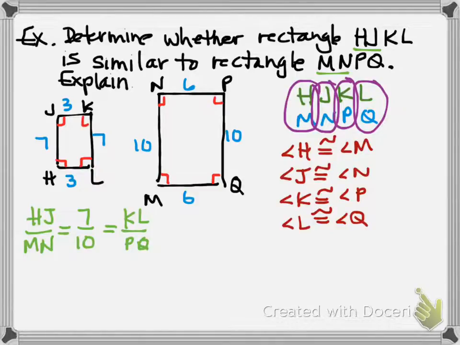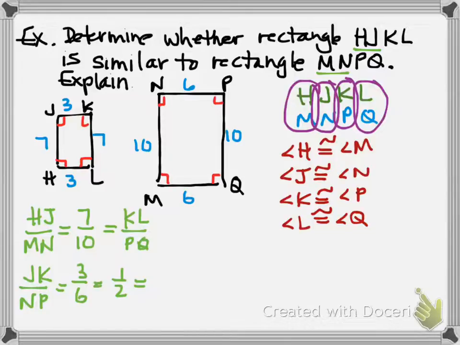Now, the deal, though, says that all the sides have to have the same ratio. So let's look what happens when we take JK and we compare it to NP. Well, JK is 3 and NP is 6, and that simplifies down to 1/2. Is there another side that has the same ratio as 1/2? Anything else that's going to give me 1/2?